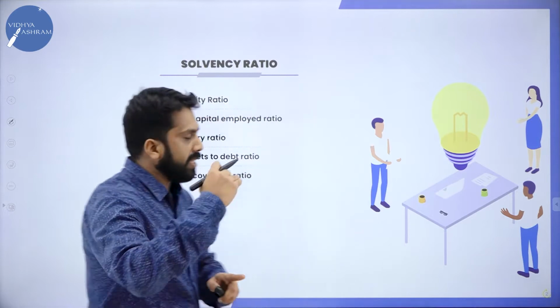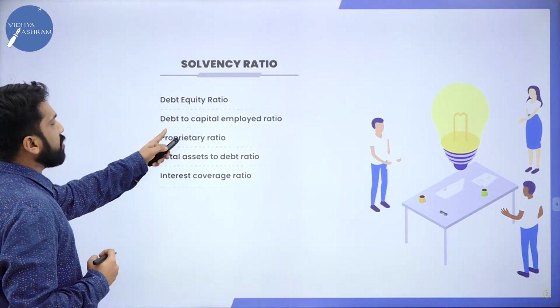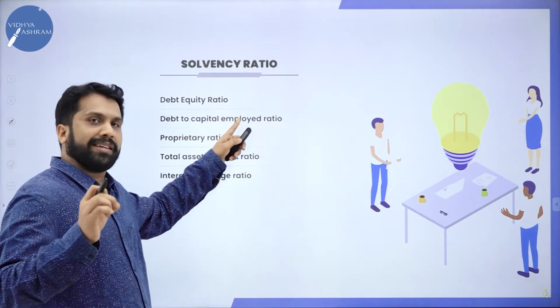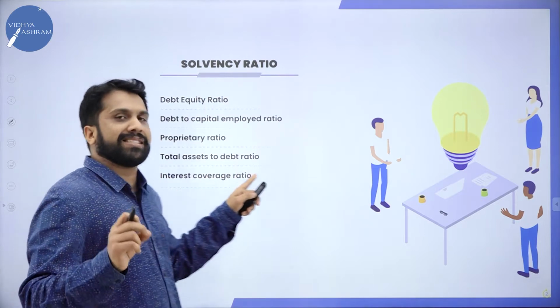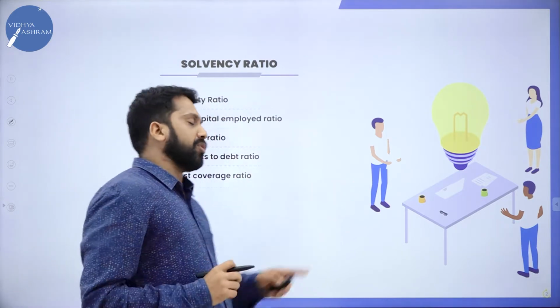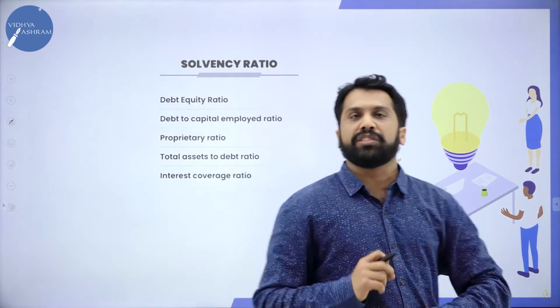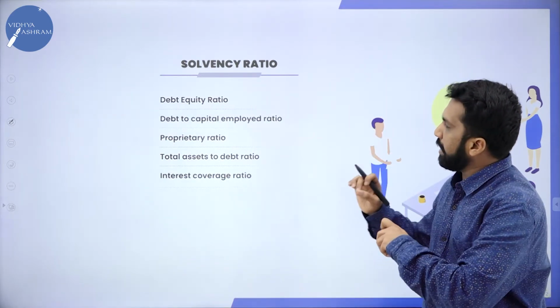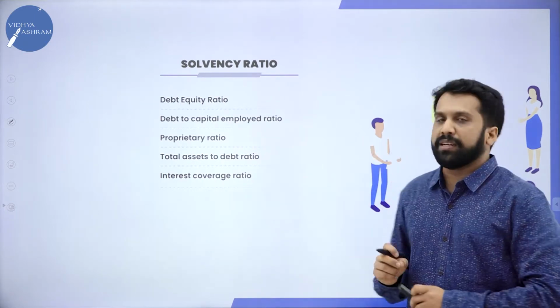Under solvency, again we have subdivisions: debt equity, debt to capital employed ratio, proprietary ratio, total asset to debt ratio, and the last part, interest coverage ratio. These are important ratios that come under solvency ratio.